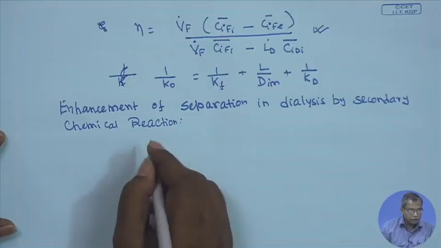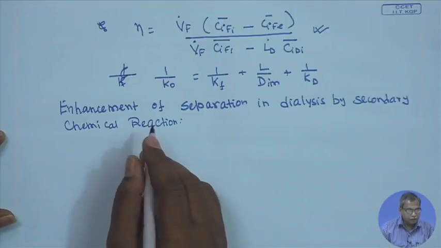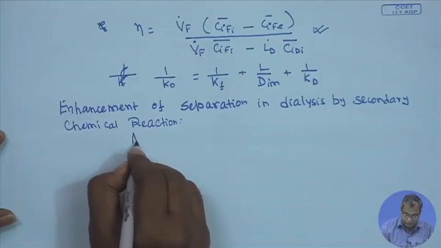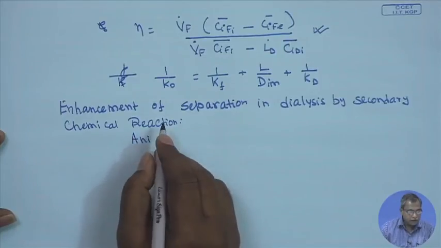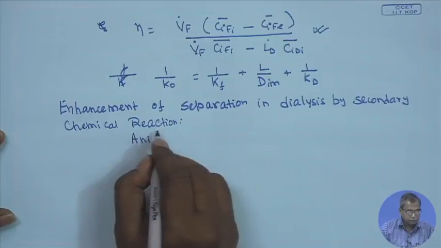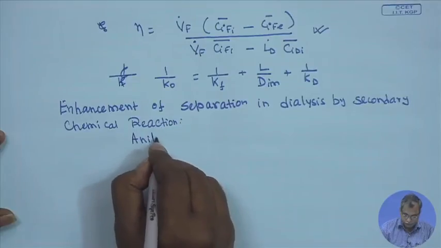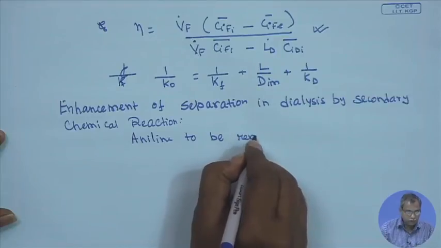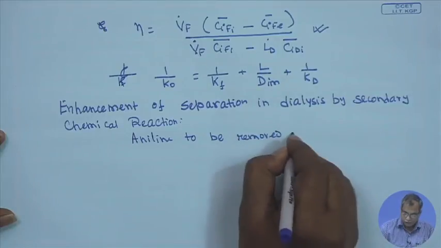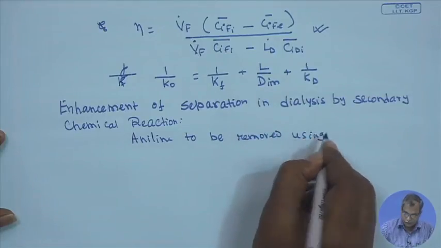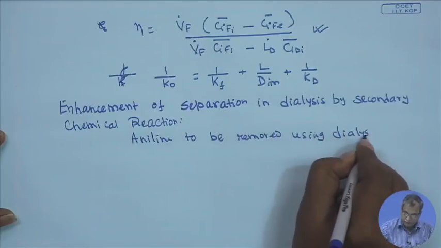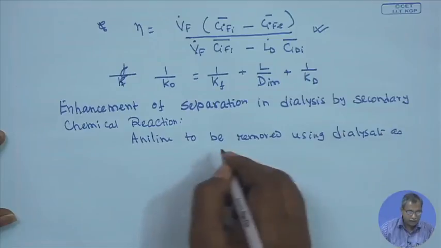Let us give an example: aniline is to be removed from the feed side using dialysate as H2SO4.